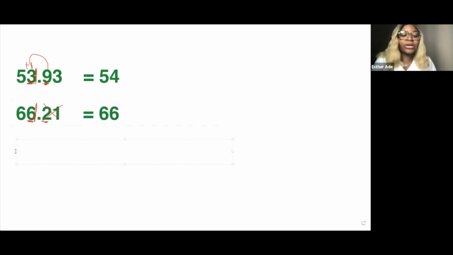The next one is 1.43. Round this to the nearest whole number, please. The correct answer should be 1. How did we get that?